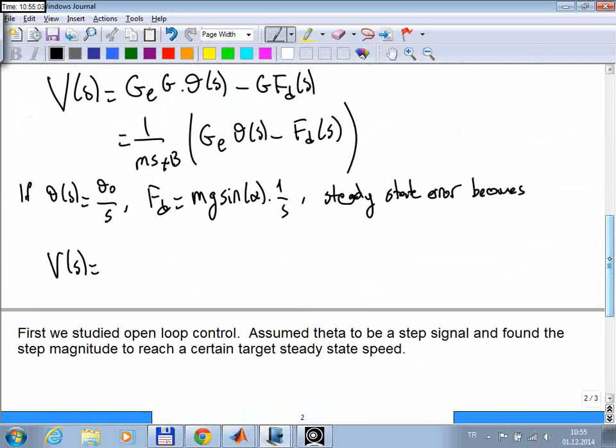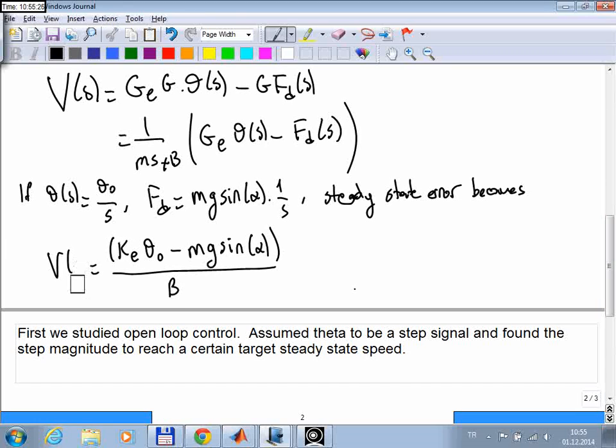Now we can apply the final value theorem, and if you do that, okay, so this was the steady state. This should be the steady state value of the speed. Let me write it Vss.